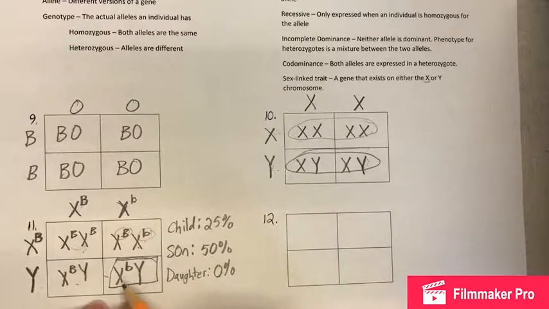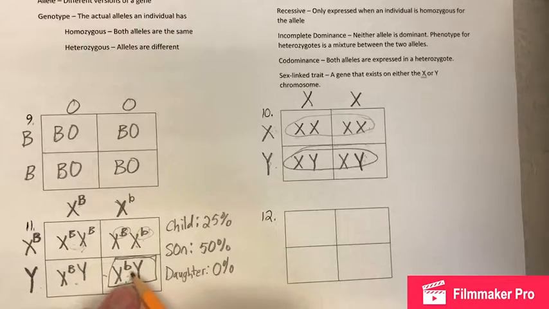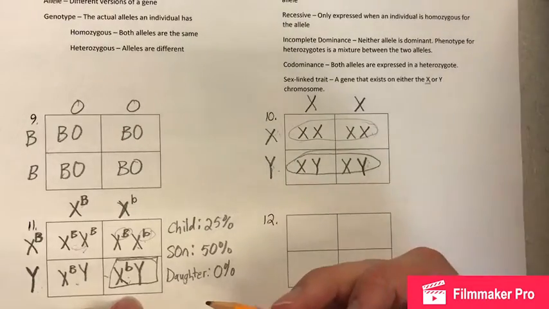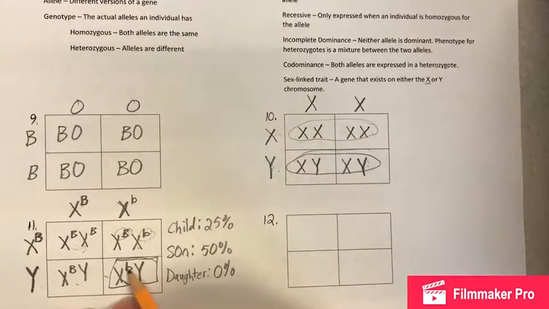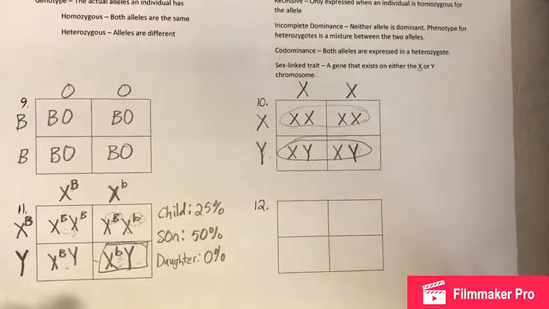And so we see that with X-linked traits, males are significantly more likely to be afflicted with these disorders because all they need is one recessive allele to express that trait. While females, in order for a female to be colorblind, she has to have 2 recessive alleles. And so when we talk in lecture about things like hemophilia, we see that it affects males far more often than females, and colorblindness. If you know people that are colorblind, any type of colorblind, you'll find that males have it significantly more often than females.